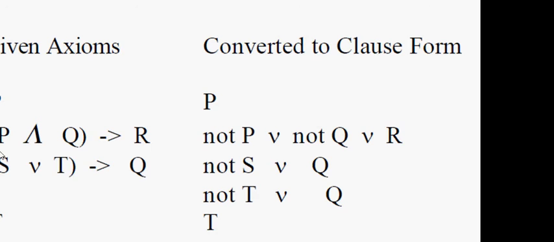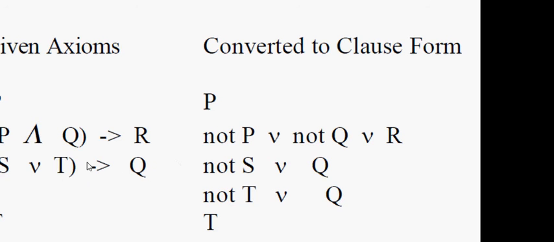So we are going to convert P and Q implies R to clause form. We can use the formula P implies Q is equal to negation P or Q. So we can use that formula here and convert it into not P or not Q or R. So the final clause form for this particular proposition is not P or not Q or R.